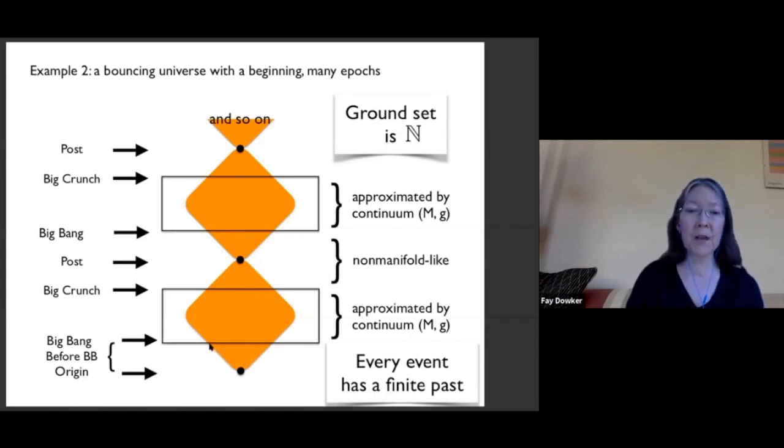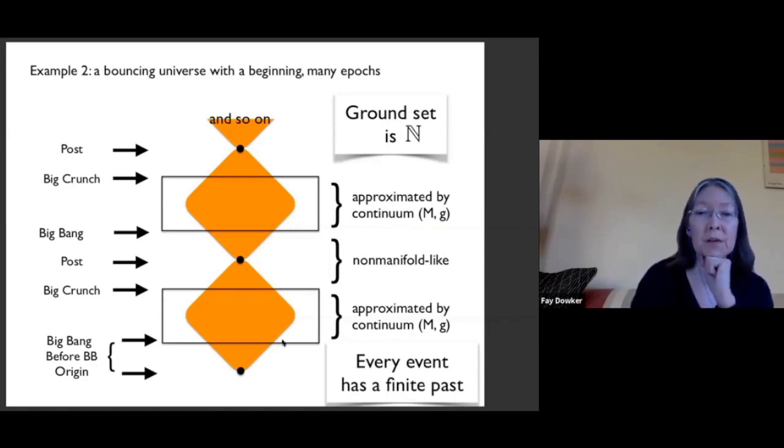It transitions at a Big Bang hypersurface into this continuum epoch. And later on, there's a big crunch. So another hypersurface, another transition between continuum epoch and non-manifold-like epoch that ends in, again, a single causal set element.